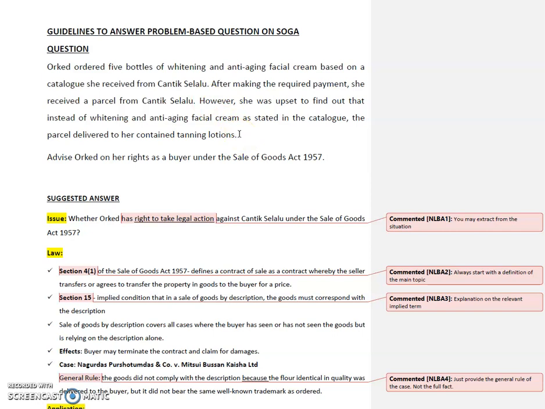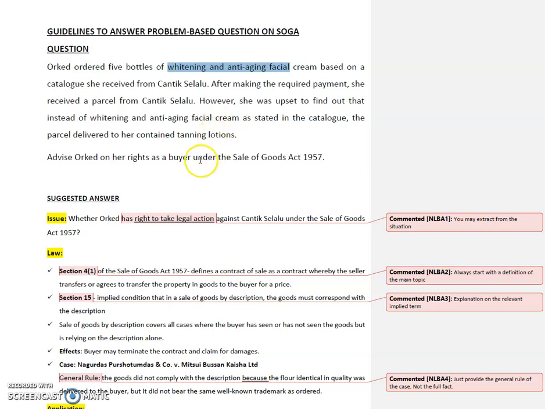Orchid ordered 5 bottles of whitening and anti-aging facial cream, but later she received a parcel from the seller containing tanning lotions. So we may draw the early conclusion that she might have received the wrong products. What is she going to do? What will be her rights as a buyer under sale of goods?